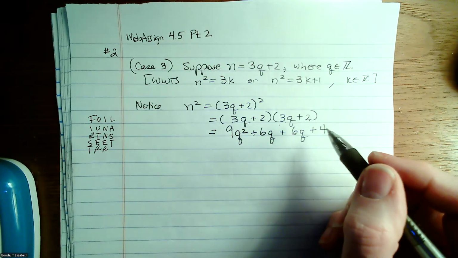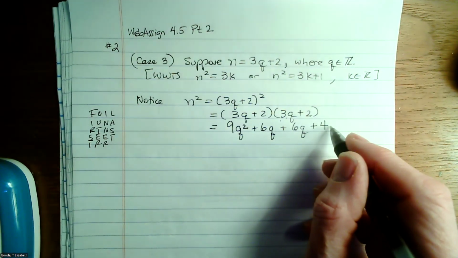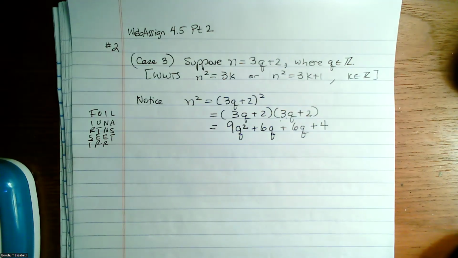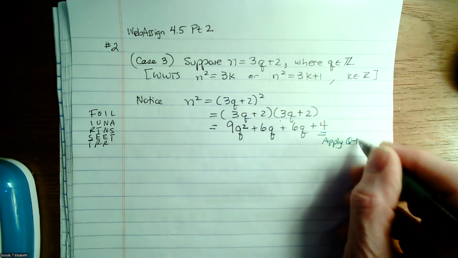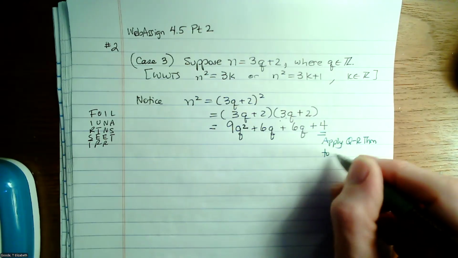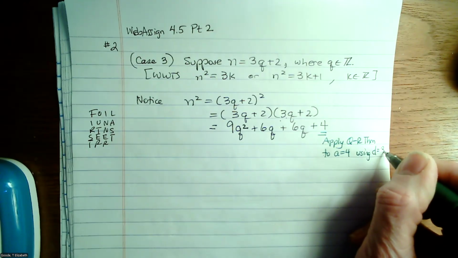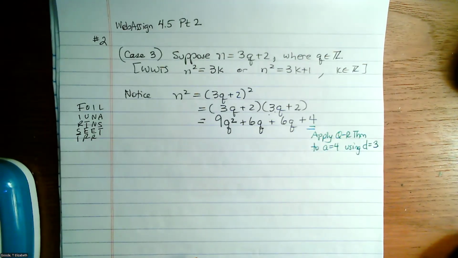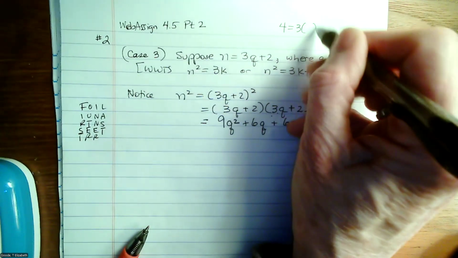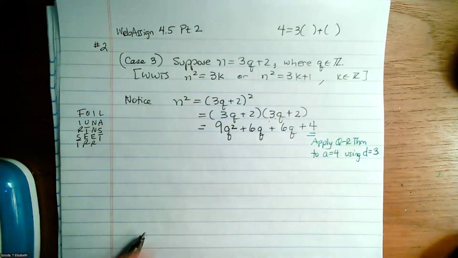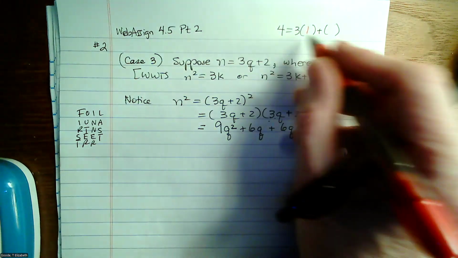Great. Well, remember, if you look at the notes, when you have a number hanging off the end that you can't factor a 3 out of, we apply the Q-R theorem to a equals 4 using the same d that we're dealing with. So if we rewrote 4, remember how we did it? 4 equals 3 times something plus something. What is the quotient when we divide? 1. And 4 equals 3 times 1 plus 1.